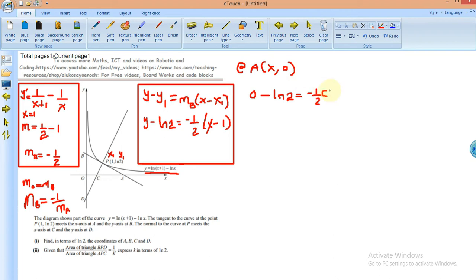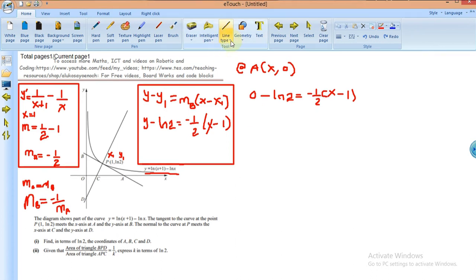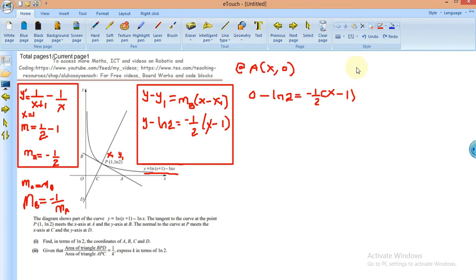So x minus x1. x1 is 1, so x minus 1. I'll use x as the subject of the formula now. I can divide both sides by minus half. If you divide both by minus half, I can write x minus 1 first. Let me demarcate these things so that I'll be able to use the other line again.